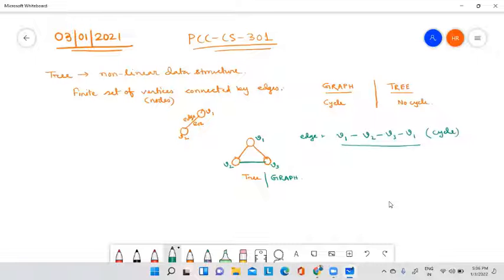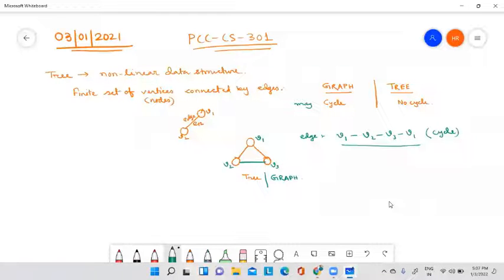All are finite sets of vertices connected by edges, but in a graph there may be a cycle, while in a tree there will be no cycle. So you can say that a tree is one kind of graph without a cycle.